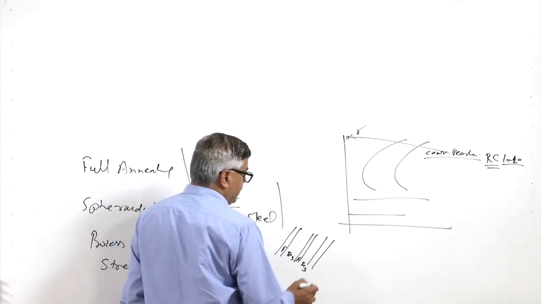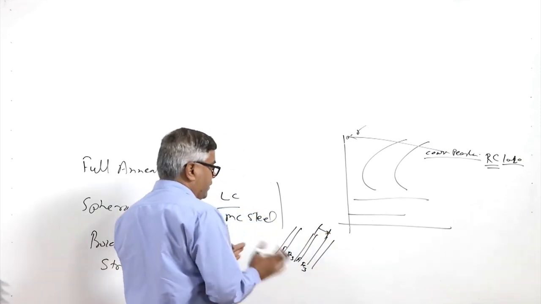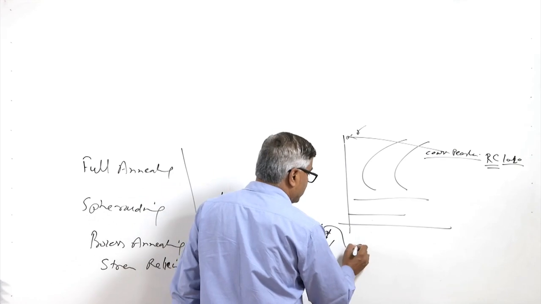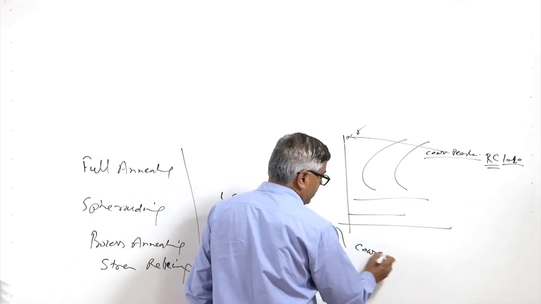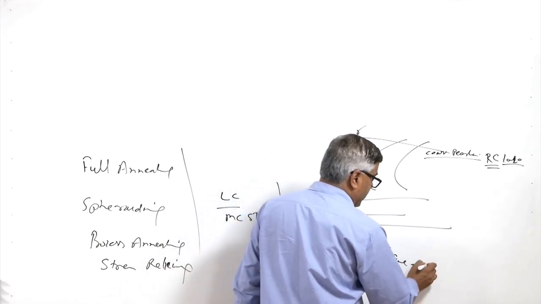So, basically the spacing between the ferrite to ferrite phases, or cementite to cementite phases, is used to define the coarseness or fineness of the perlite.